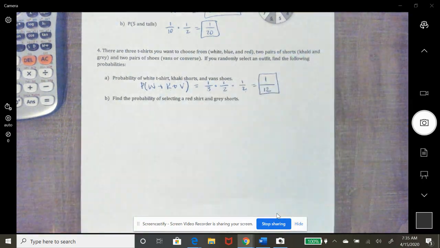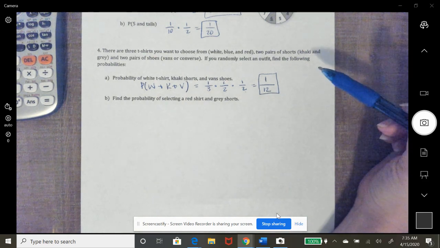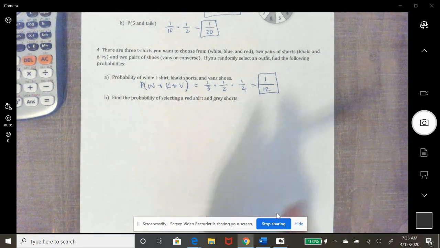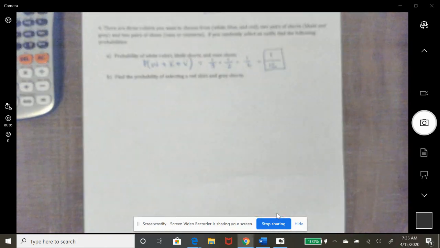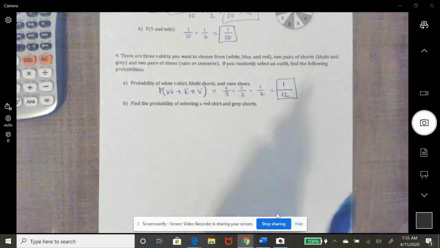So it would be 1 out of 12. Now, if you had created your tree diagram like the last one, you would have seen those 12 choices. But this is the shortcut: we can just multiply those 3 together, and that will give me that 1/12.